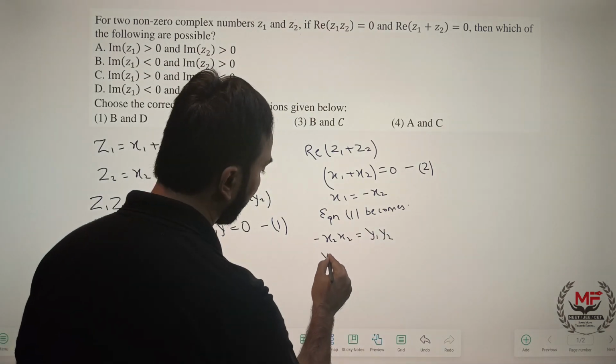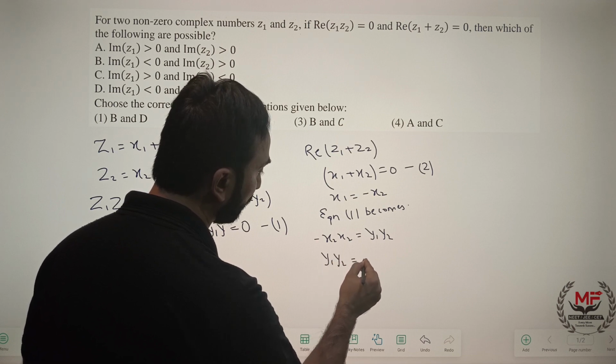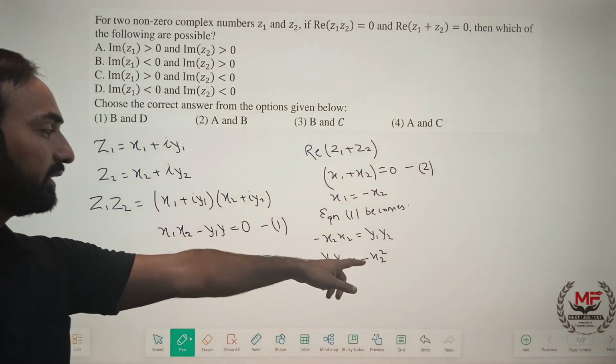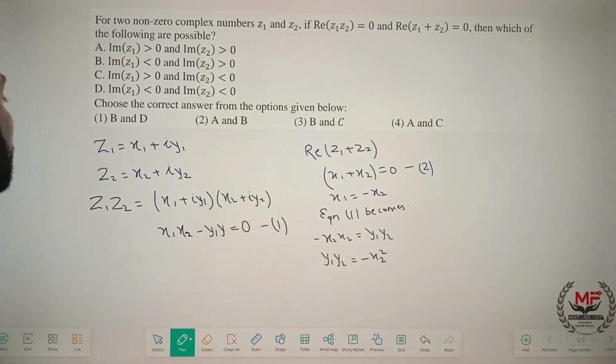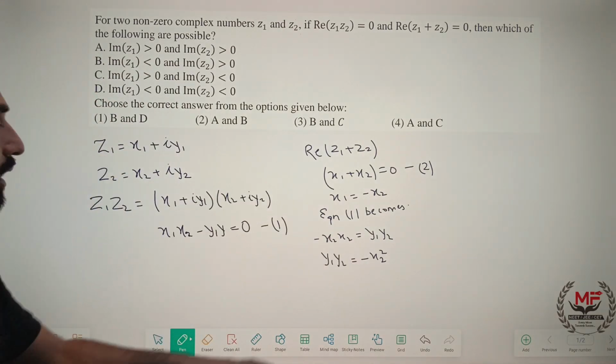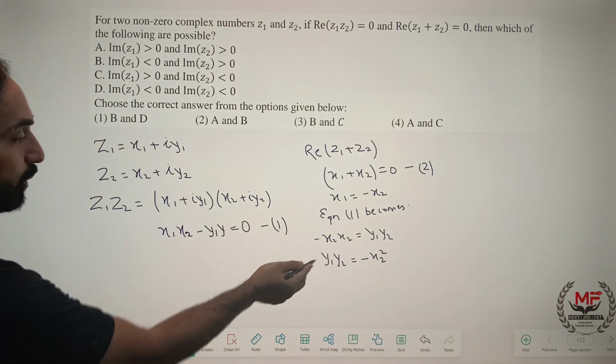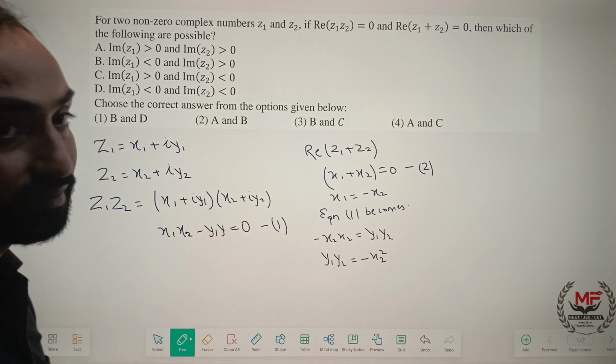Or we can write it as y1 into y2 is equal to minus x2 squared. Here x2 is the real part of z2, y1 is the imaginary part of z1, and y2 is the imaginary part of z2.